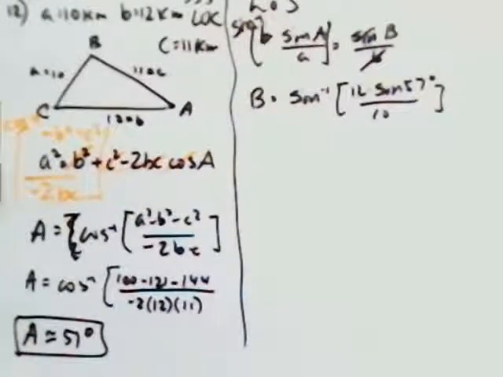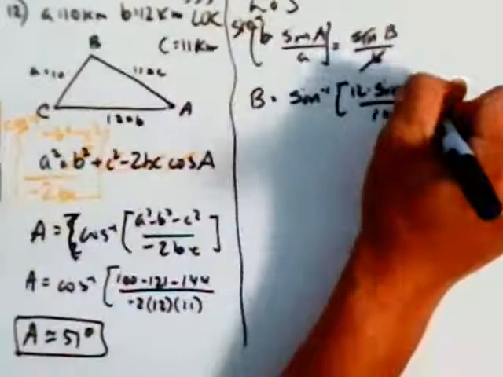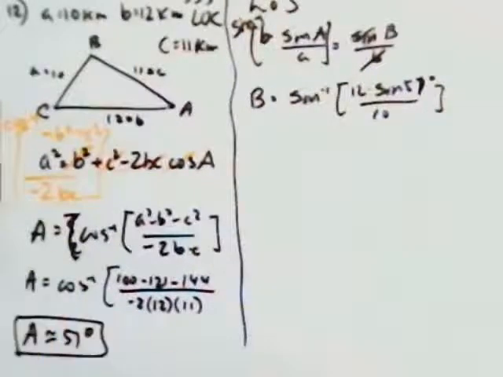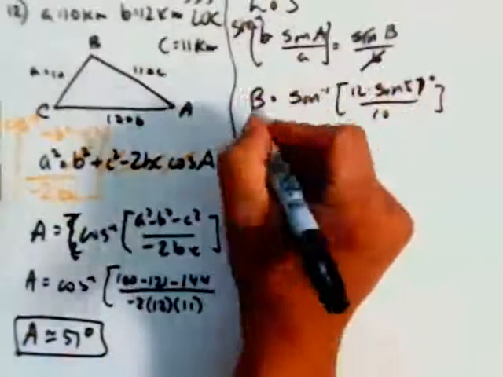It's 12 times the sine of 51, there it is. That should have been 51, not 57. Can't read my own handwriting, not very good. Divide by 10, and then take the sine inverse of the answer. Comes out to be 68.8 degrees, or approximately 69 degrees.